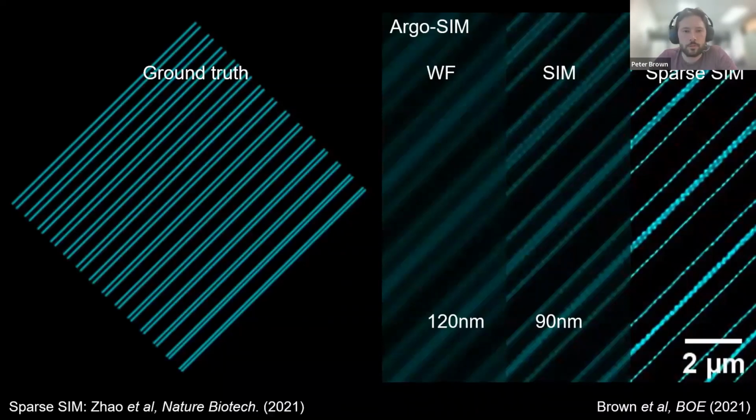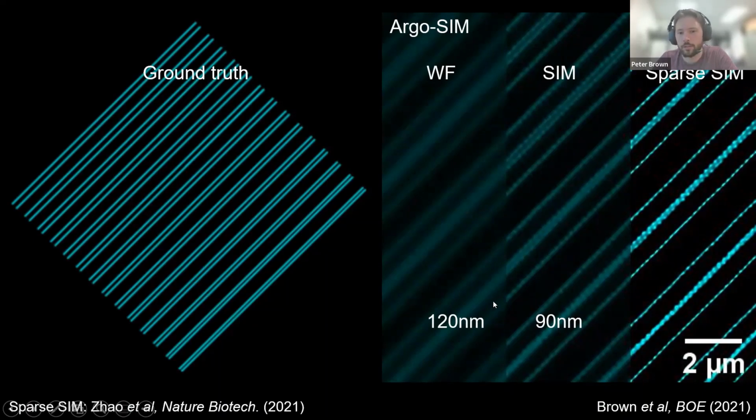First, I'm showing reconstructions we did of a test target made by ArgoLight, this Argo SIM target slide, that consists of a series of line pairs with progressively smaller and smaller spacing.